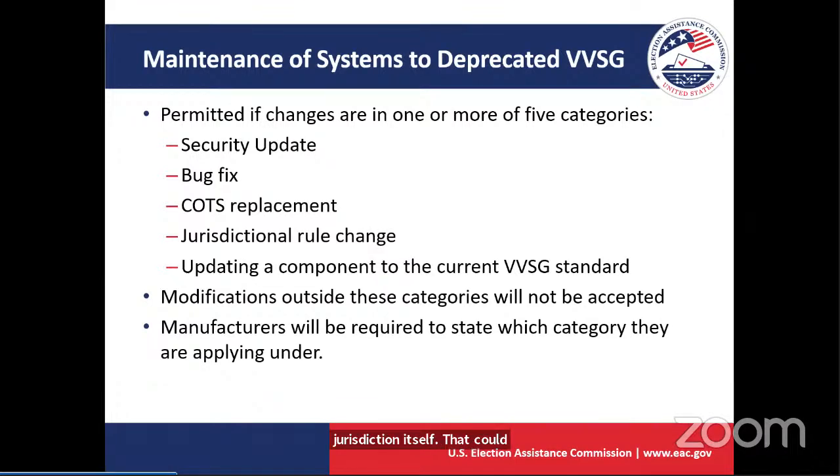And finally, updating a major component to bring it up to the latest VVSG standard. This would mean that a system can be brought up to VVSG 2.0, one component at a time.